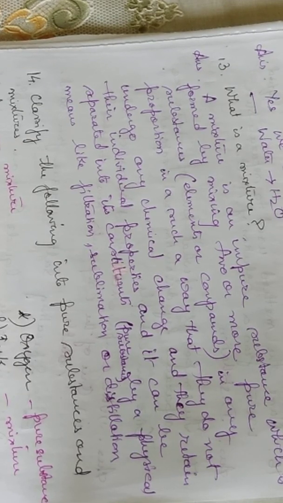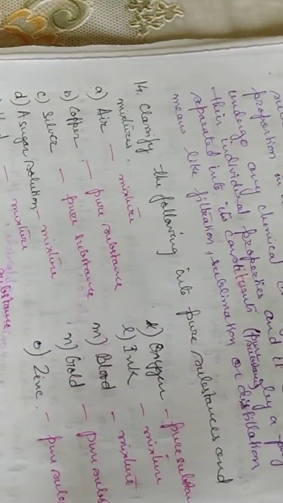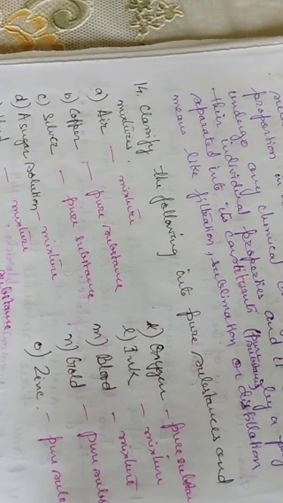Third point is any proportion. Fourth point is they do not undergo any chemical change. Fifth is they retain their individual characteristics and they can be separated into its constituents by physical means, like filtration, sublimation, distillation, etc.